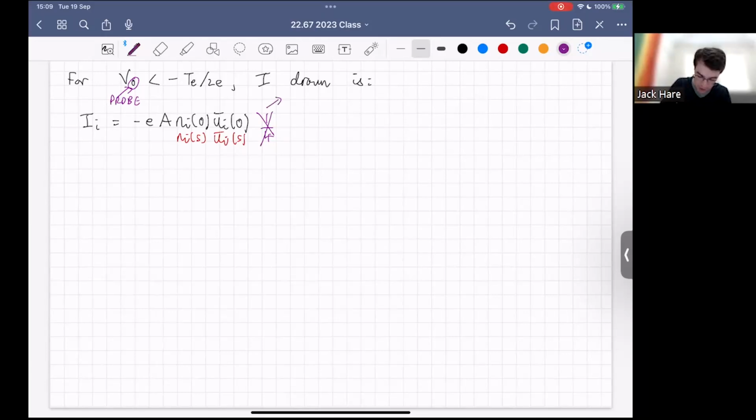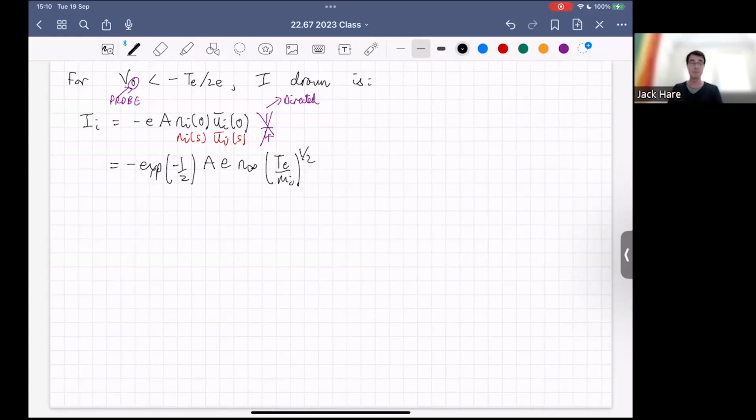Now it's just 1 because they're directed like this. And that means we can write down the ion current as minus the exponential of minus a half, which is just 0.61, times the area times the electron charge times the ion density at infinity times their incoming velocity, which is TE over MI, to the power of a half.